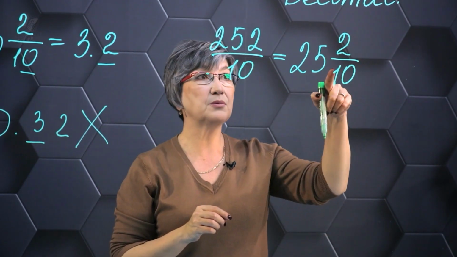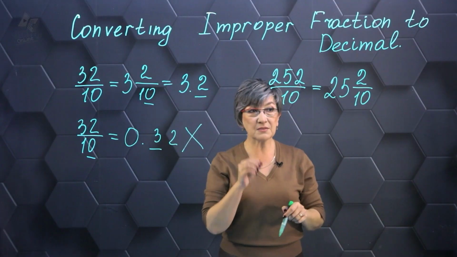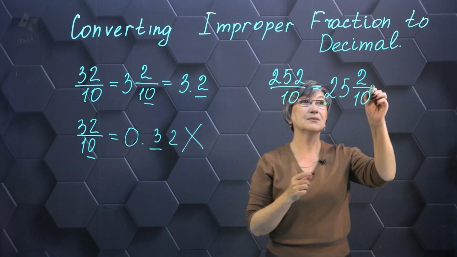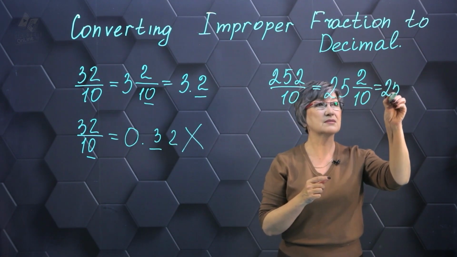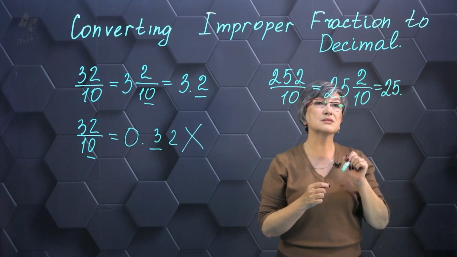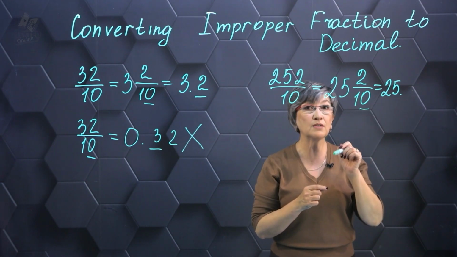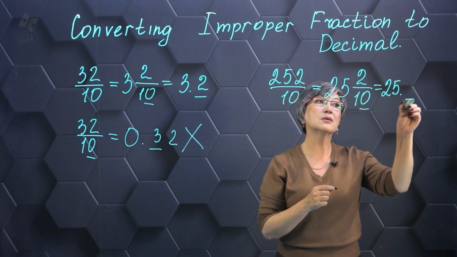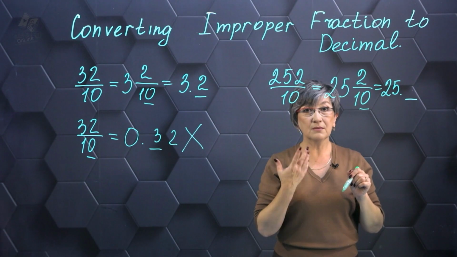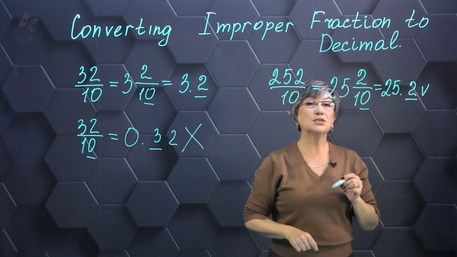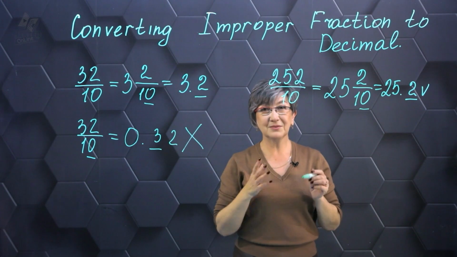Now 25 and 2 tenths is a mixed fraction. We can write it down as a decimal fraction. We write down 25 whole, separate the whole part, notice the number of zeros in the denominator, and that's 1 digit after our dot. I have 2 in the numerator, so the fraction comes out to 25.2.